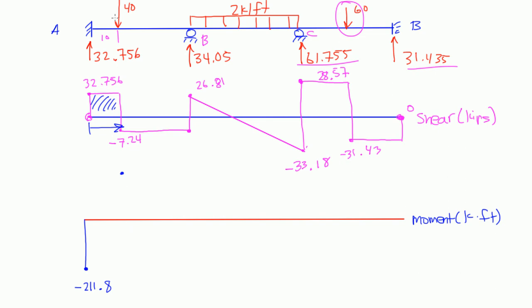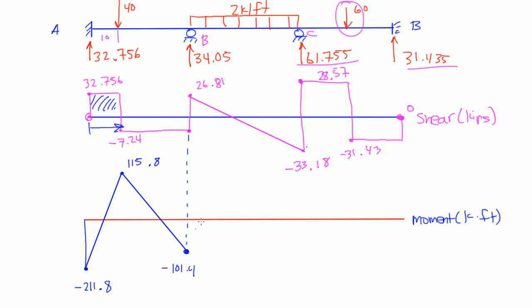You add that to your 211.8, and you should be at 115.8, and then again it goes down to, I think, 101 somewhere. Remember, it should match this. So this is negative 101.4.